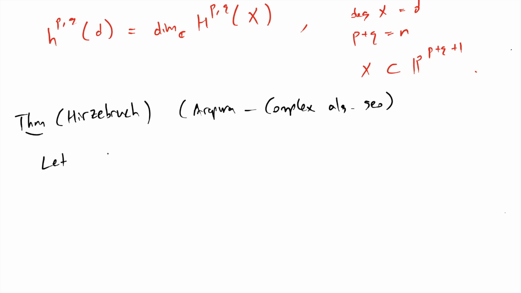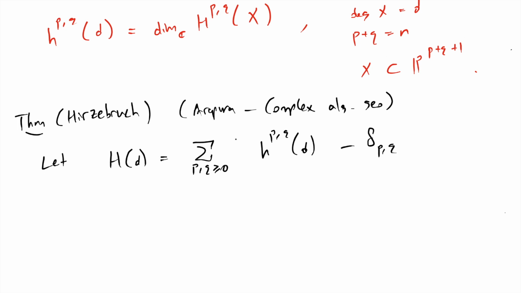We're going to define the generating series H_d, which is a sum like this, where p, q are just positive integers. And then here I'm going to write h^{p,q}_d. So this d is fixed. p, q I allow to vary. And remember, they don't have to sum up to a fixed number now. I just increase the dimension. And I need to correct this by something very small.